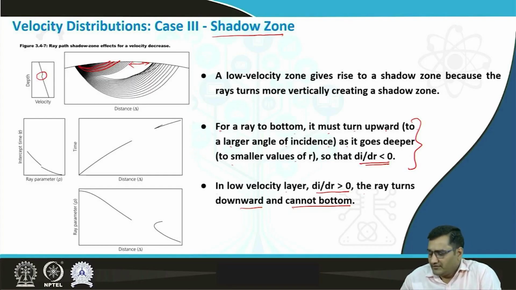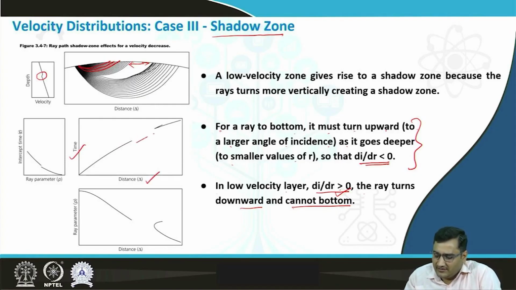That means di by dr will be less than 0, since as it goes down, the value of r keeps decreasing. But in case of a low velocity layer, because the rays are turning more vertically down, di by dr will be greater than 0.